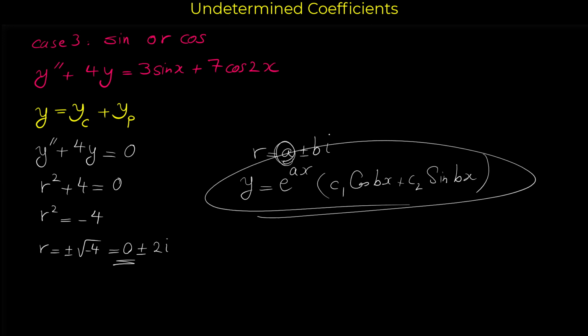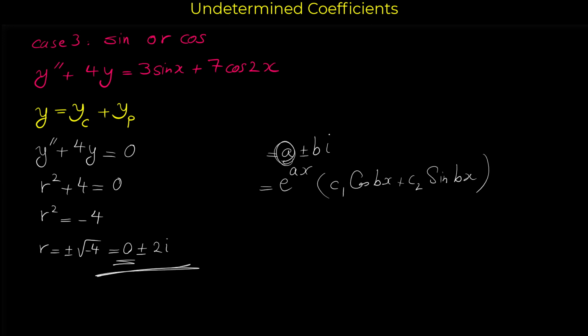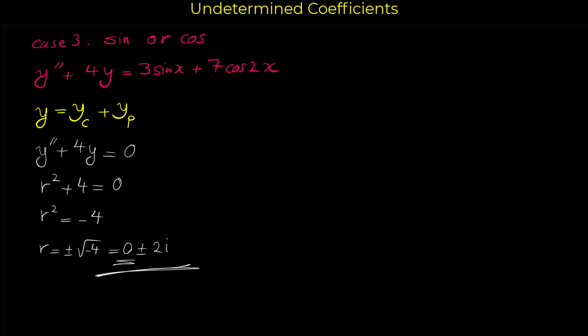So if we use this formula for this question, y complementary is e to the 0x, because a is 0, times c sub 1 cosine 2x plus c sub 2 sine of 2x.